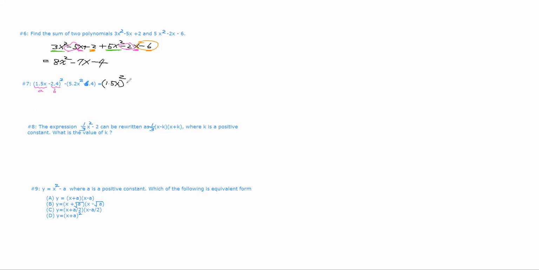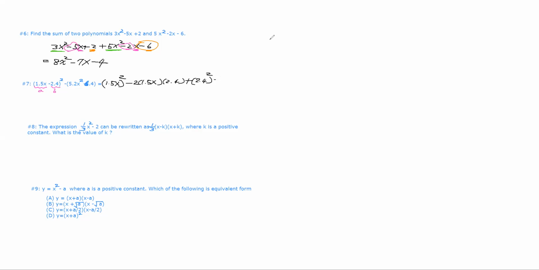What is the formula? Minus 2ab. So minus 2 times 1.5x. What is the b here? B is 2.4 here. Then plus b squared, so b squared is 2.4 to the square. So this is my first term.